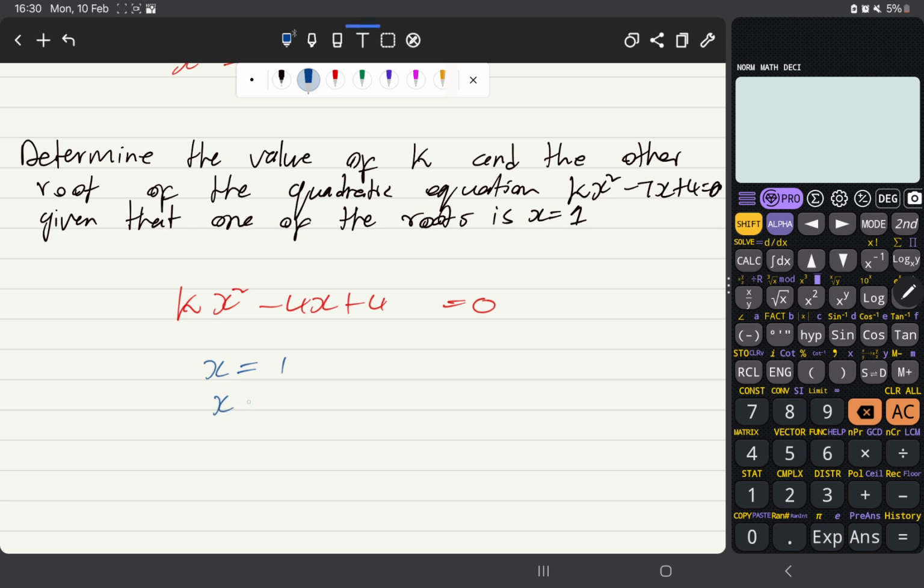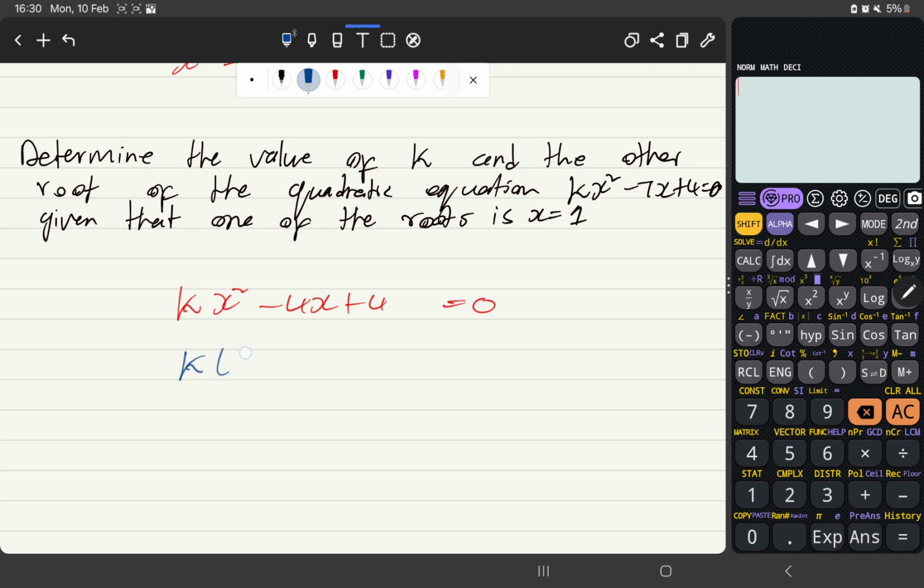So that means you have something like this. But if I know one of the roots is x equals to 1, what does that say? It says if I take this equation and I substitute 1, I have to get 0, right? So let me do just that. I'm going to take this equation.